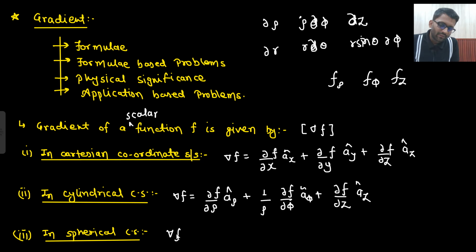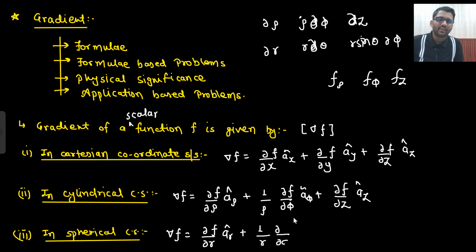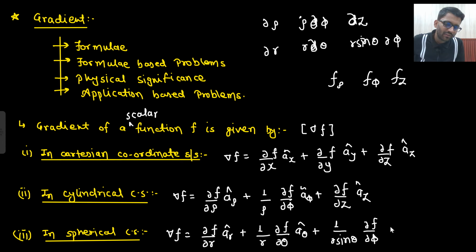So del f, or gradient of f, is del f by del r, ar cap, plus 1 by r d by d theta, not d phi, r d theta, of f, a theta cap, plus 1 by r sin theta d by d phi of f, a phi cap. Okay.